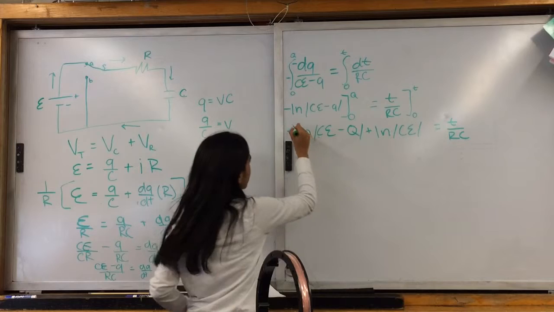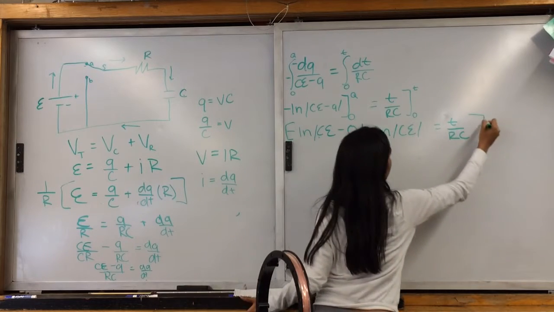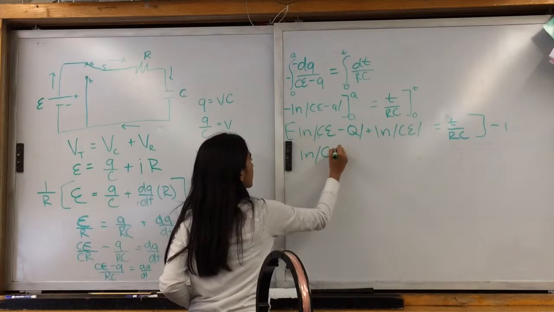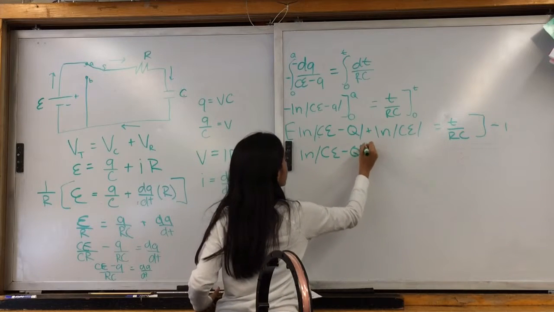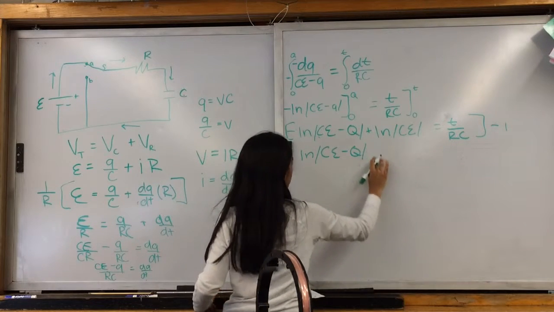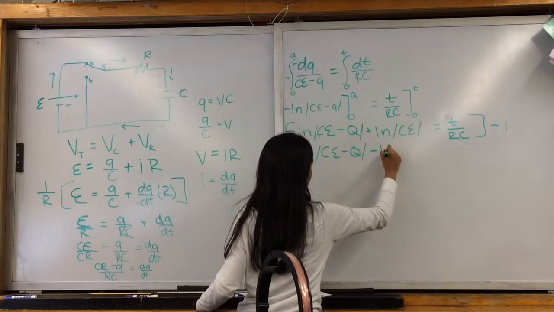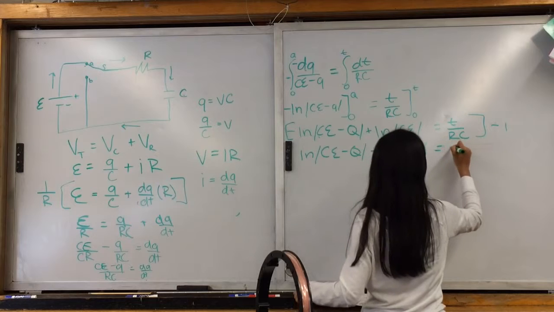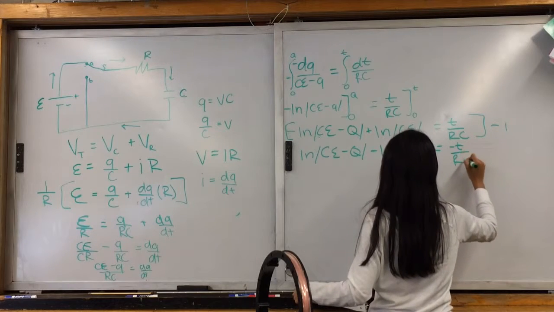Just to make everything neater, I would multiply this by negative 1. So you have ln CE minus Q minus ln CE equals negative t over RC.